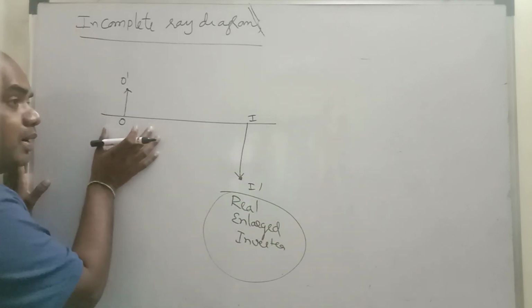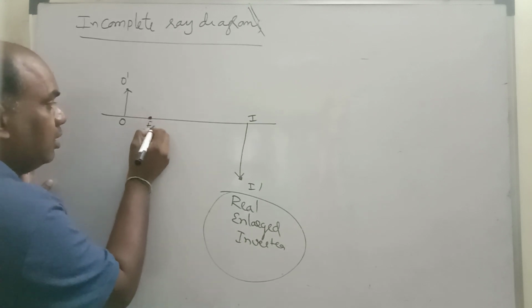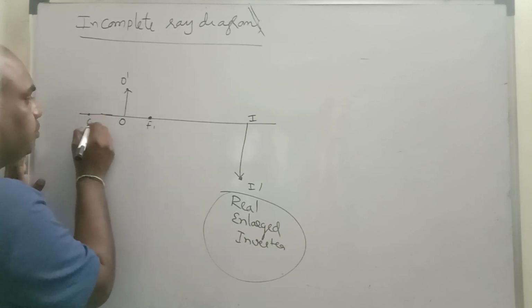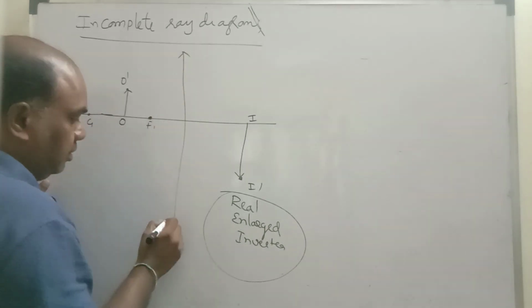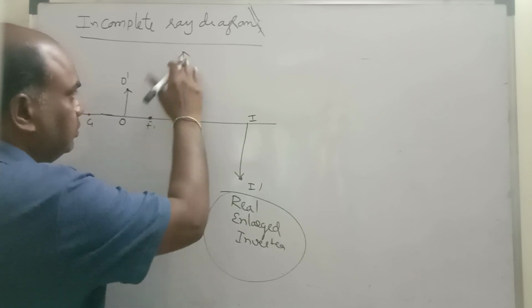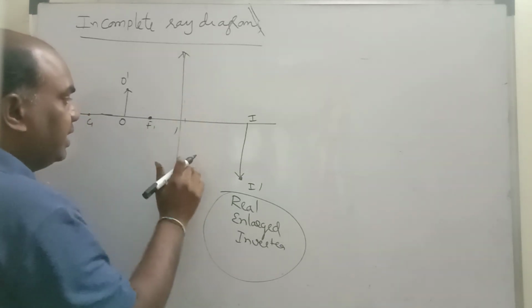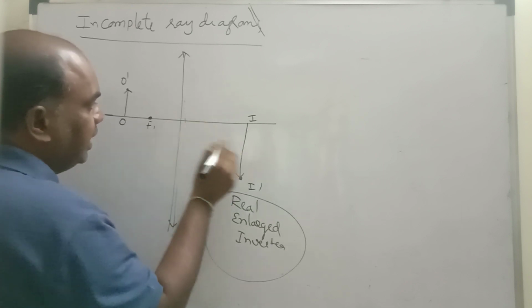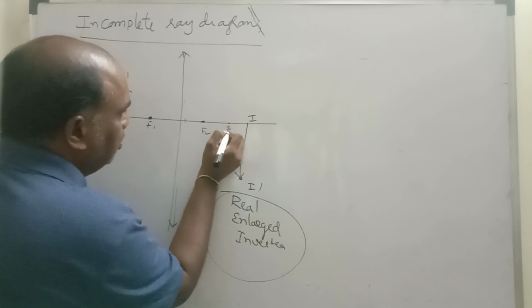If object is in between F and C, then only. Let this be F1, this be C1. Here this is the pole of the lens. So the image we get is beyond C. This is F2, this is C2.